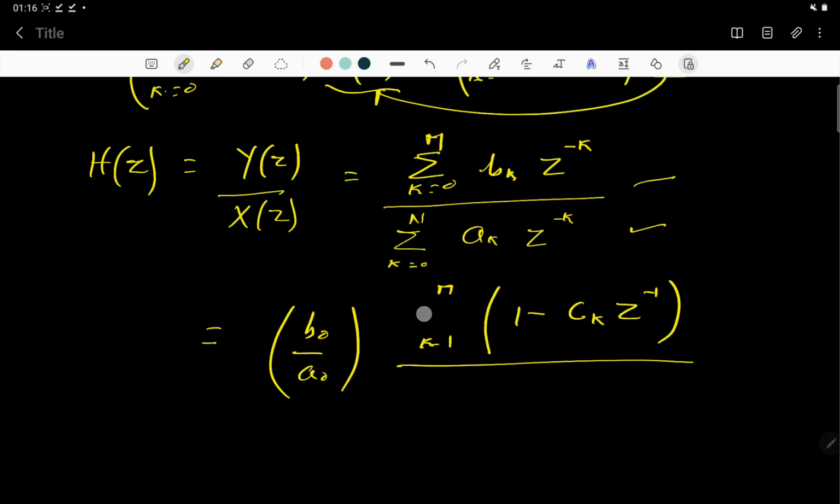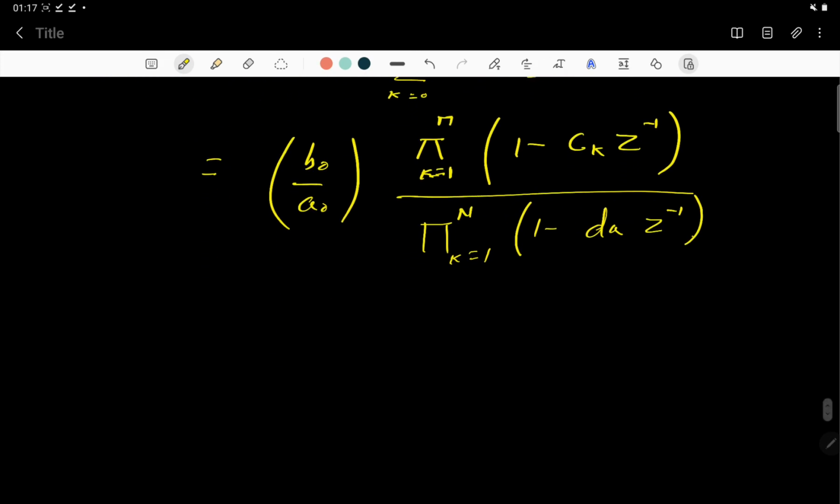not the summation, it is simply written in the poles and zeros form. So we should write this like this: from k equals 1 to M, poles are over here, and for the zeros we can write from k equals 1 to capital N, it should be 1 minus d_k z to the power minus 1.